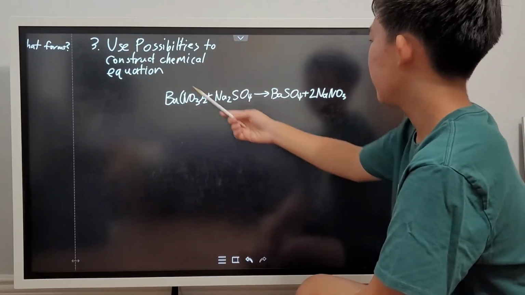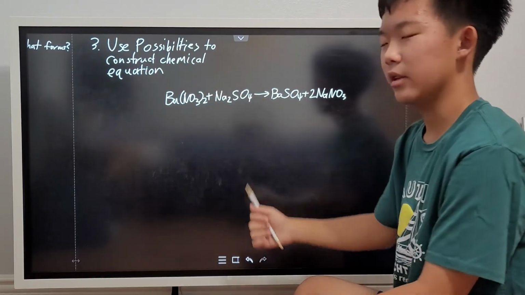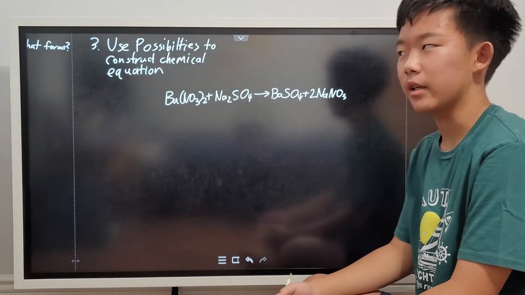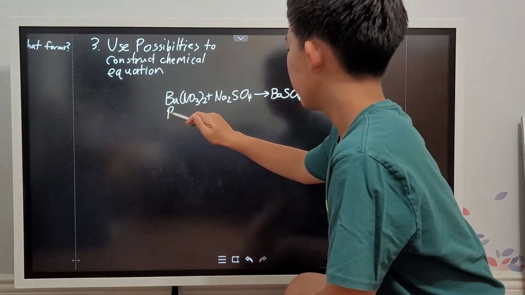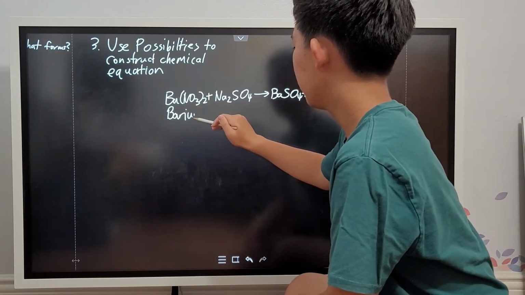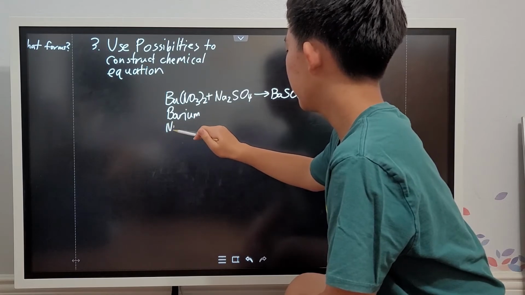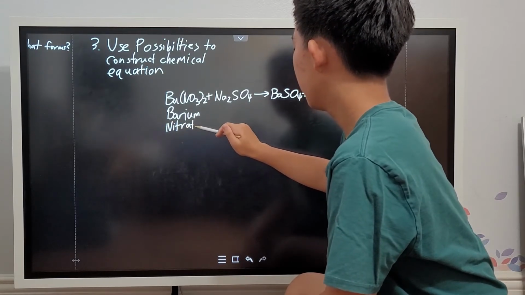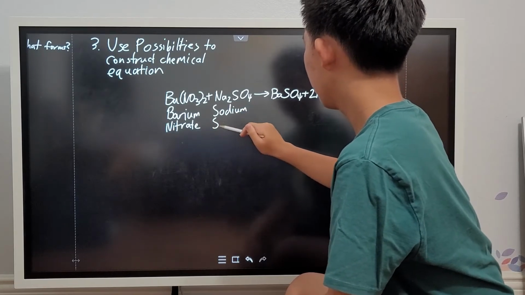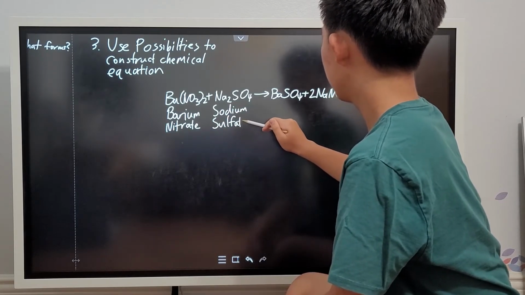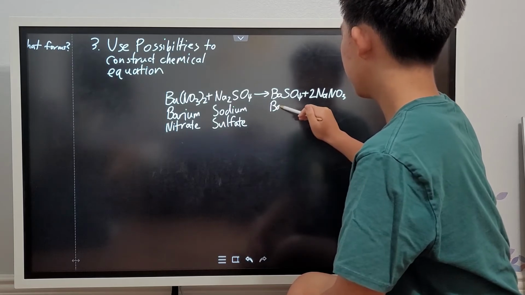Number 3, we also need to use our possibilities that we got to obtain a chemical equation. So, barium nitrate, let me write them down, barium nitrate and sodium sulfate form barium sulfate.